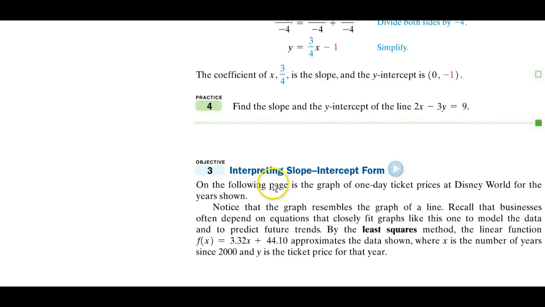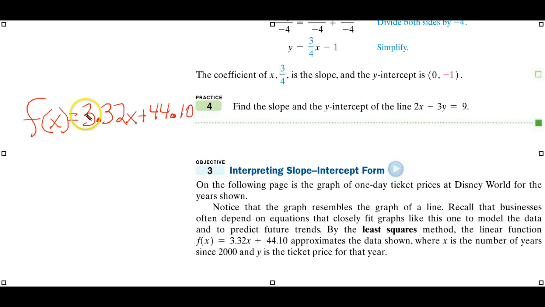Okay. Now, one of the things they ask is to interpret what the slope-intercept form means. So, let's read this over to ourselves and then comment on it. So, this is the equation in function form that approximates the price of tickets, a day-long ticket entry into Disney World. And it's starting in the year 2000.